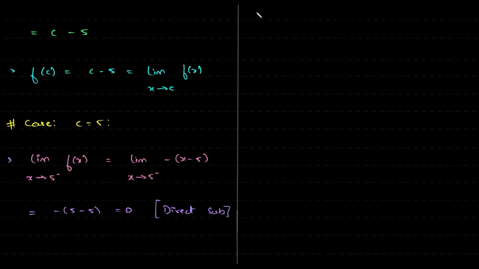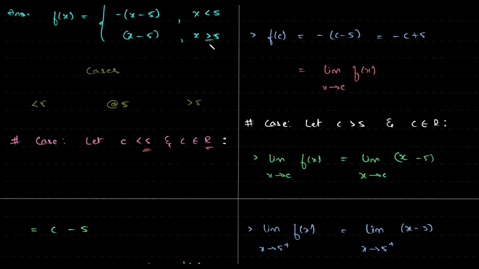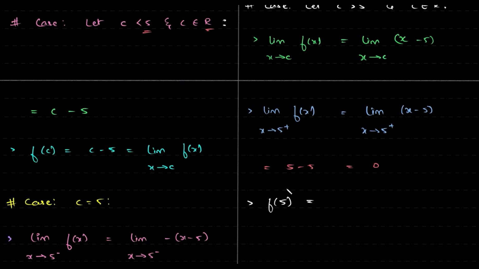Then we have the right hand limit. So this would be limit x minus 5, x tending towards 5, and on substitution we'll get 5 minus 5, which is equal to 0. And f of 5, at 5 the behavior is x minus 5.